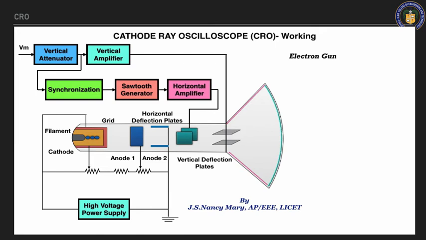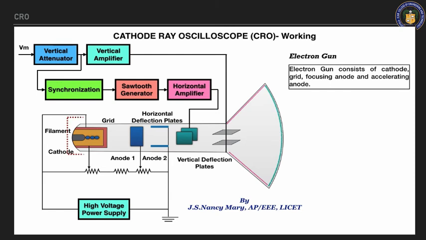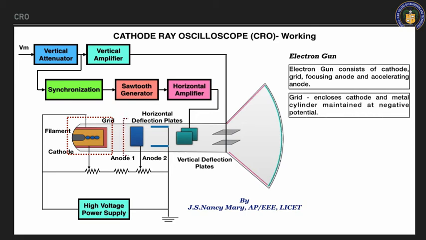Then we are moving on to the electron gun. The electron gun consists of the cathode, grid, focusing anode and accelerating anode. As I told you, we have two types of anode. The grid consists of the cathode and the filament, which is maintained at a negative potential. And then anode 1 and anode 2.